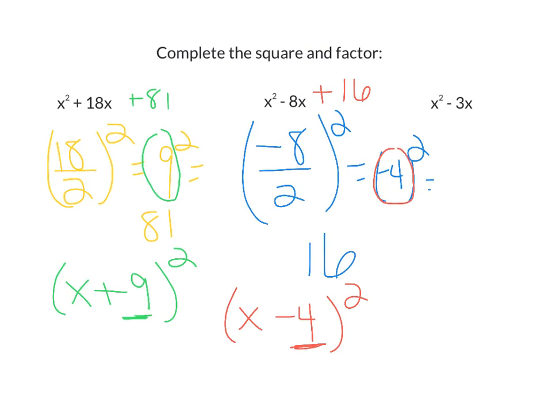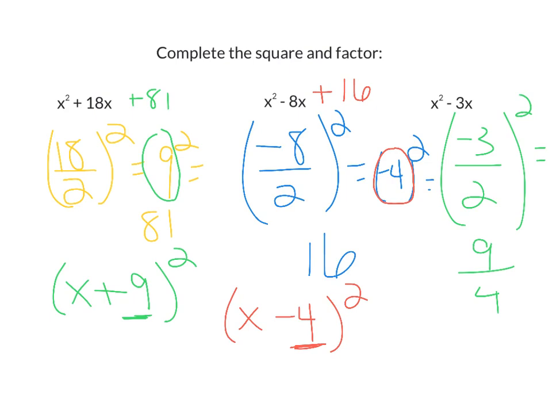Finally, let's look at one more example together. x squared minus 3x. This one's a little bit trickier because we have an odd number, but our process is still the same. I'm going to take negative 3 and half it, and then I'm going to square that result. Well, I would leave this as a fraction, so when I multiply negative 3 over 2 by negative 3 over 2, I get 9 over 4.